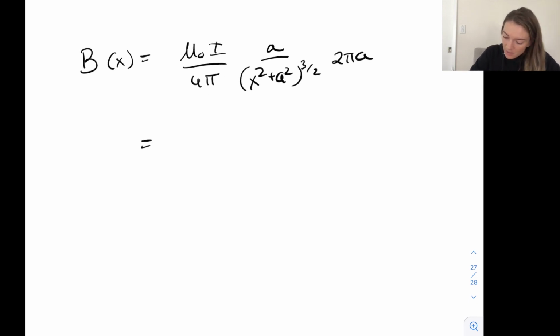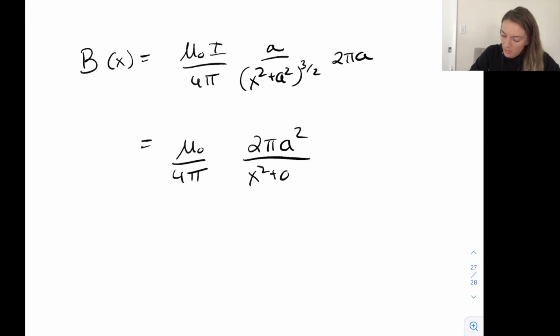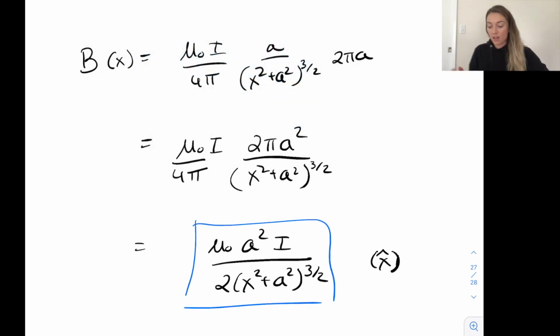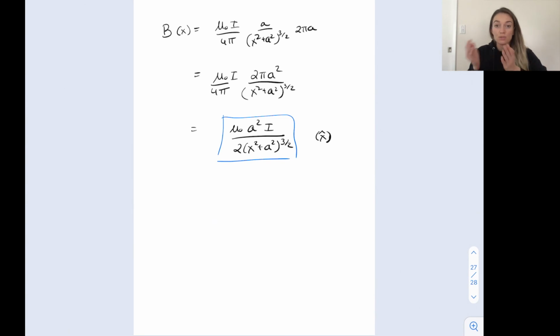Now I can simplify this a bit, and I'll be left with mu naught over 4 pi, times 2 pi a squared, over x squared plus a squared to the 3/2. I left out my current, okay. So I'll have a squared times the current, then 1/2 on the bottom, then x squared plus a squared to the 3/2, and this was all in the x hat direction.